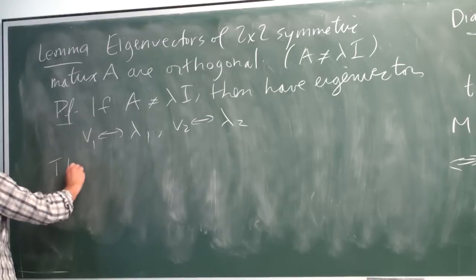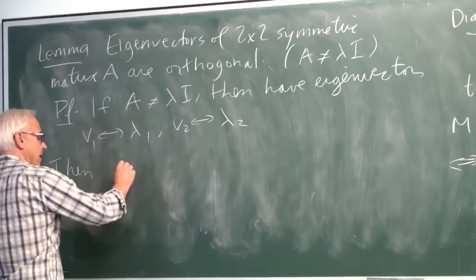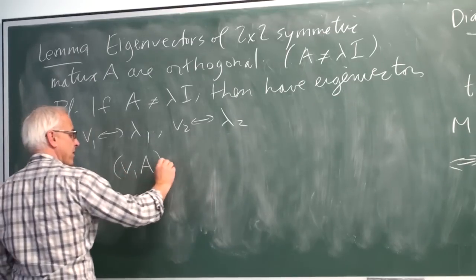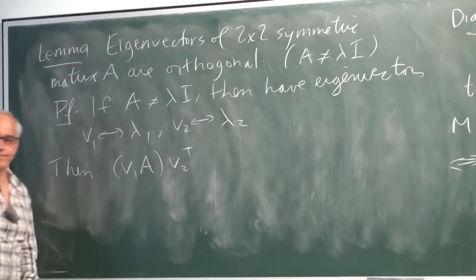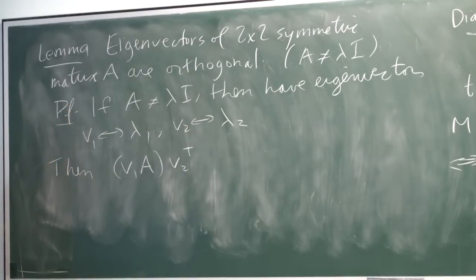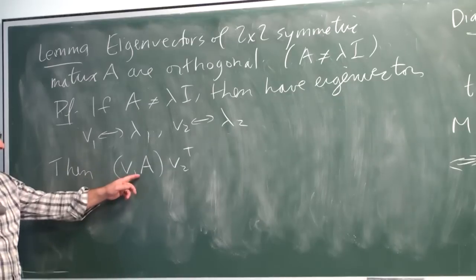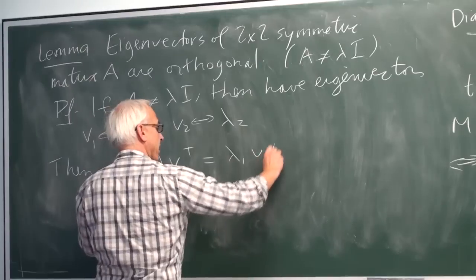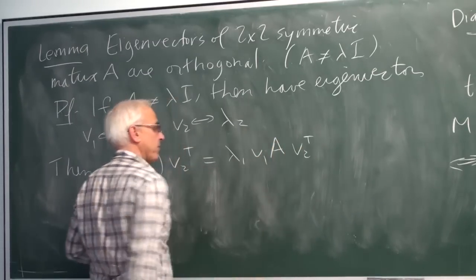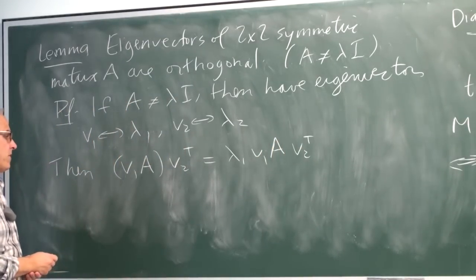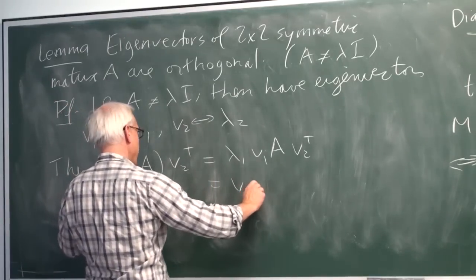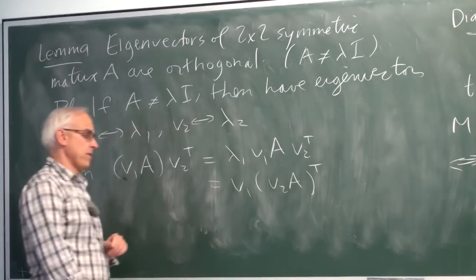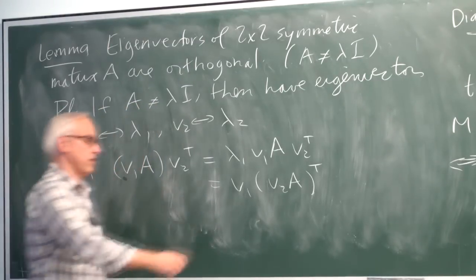Then we look at V1 times A times V2 transpose. So V1 is an eigenvector for A, so that means it's equal to lambda 1 times V1 A V2 transpose. On the other hand, this is also equal to V1 times V2 A transpose, since A is symmetric.